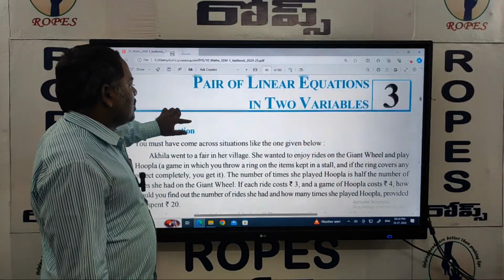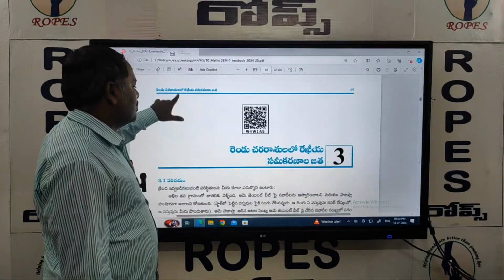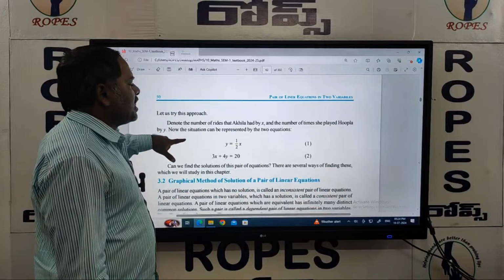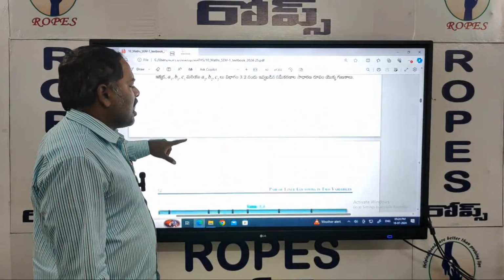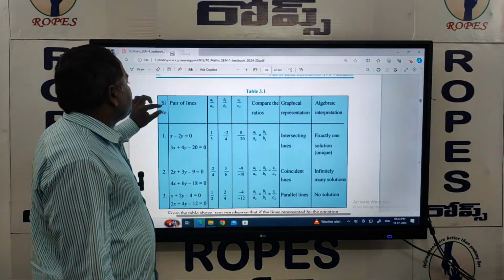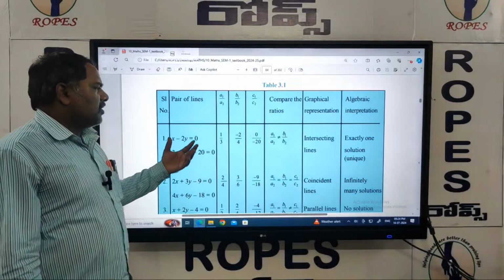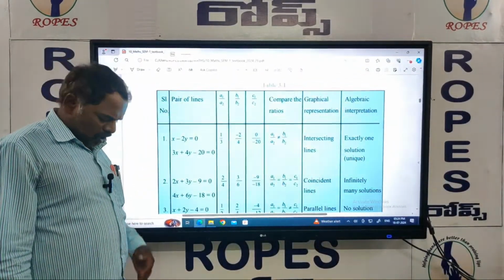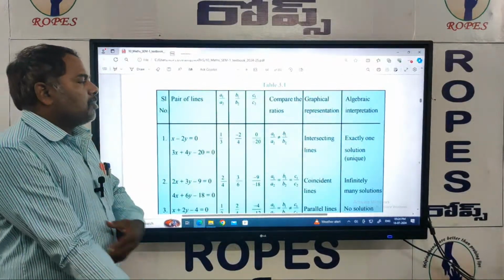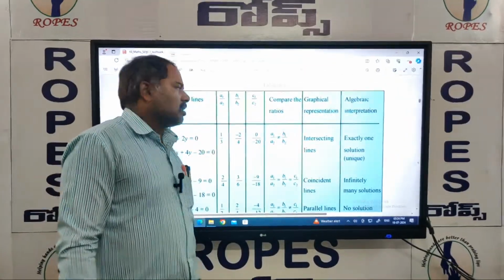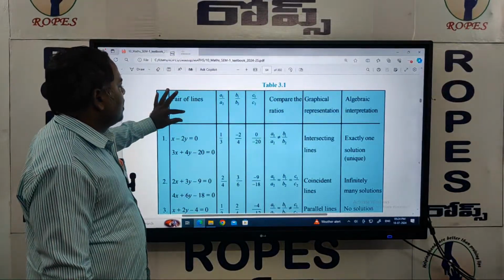So now in the third chapter, about the pair of linear equations, first we see what is the relation between the number of solutions and the pair of linear equations, the type of lines and those equations. That's what we'll see here.